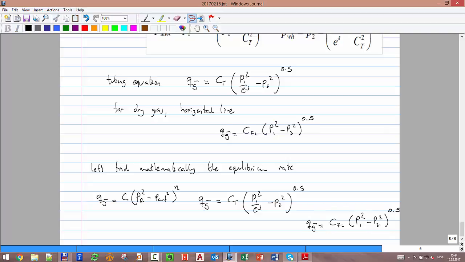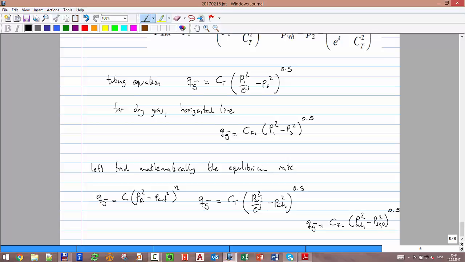These are the three equations that I have. Now let's substitute the values, right? So this P1 will be PWF, and P2 is going to be P wellhead. And in the flow line, P1 will be PWH, P wellhead, and P2 is going to be separator pressure, right?